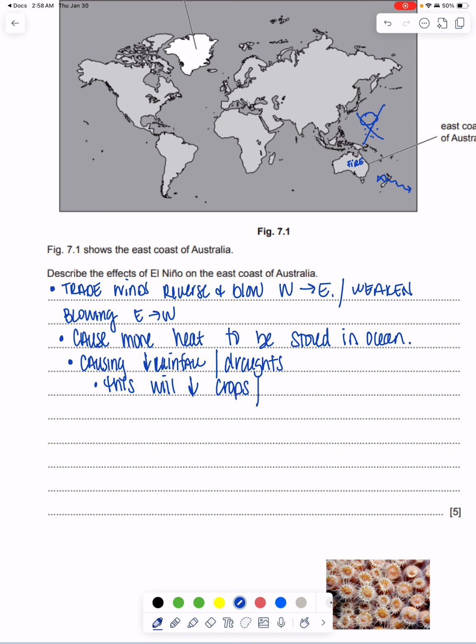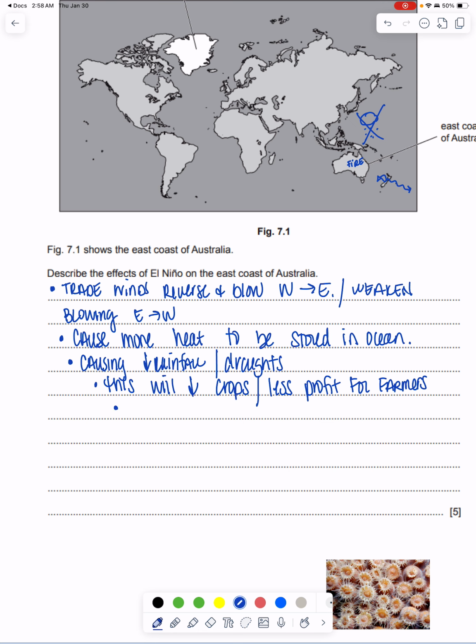We could also talk about that. So this is like the effect on the human community. So decrease the crops or less profit for farmers. Less of a food source for the locals. That would also go in this mark.